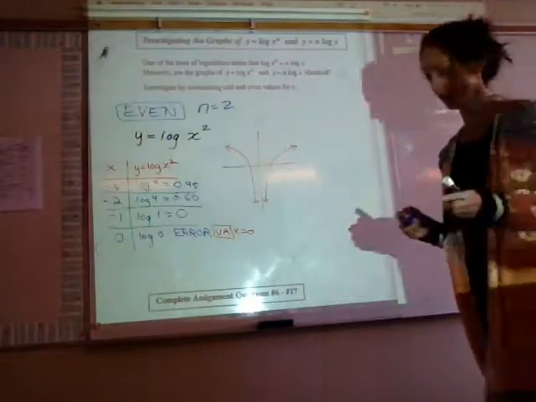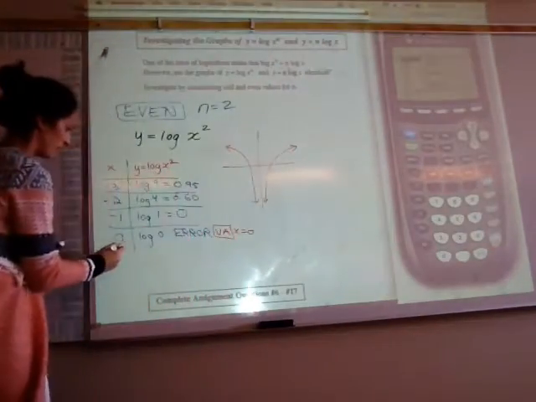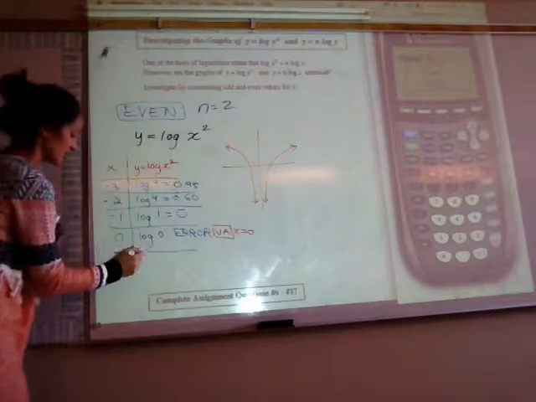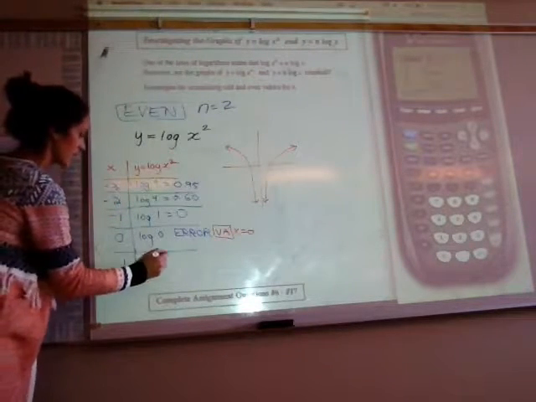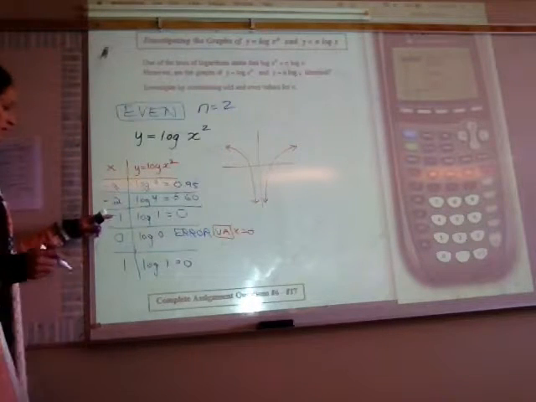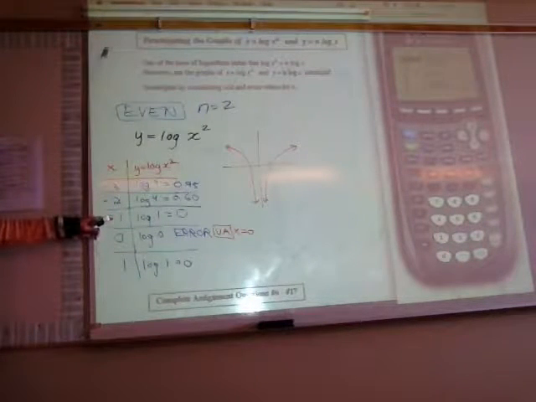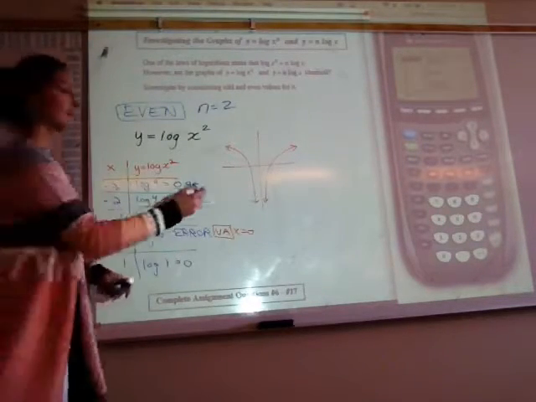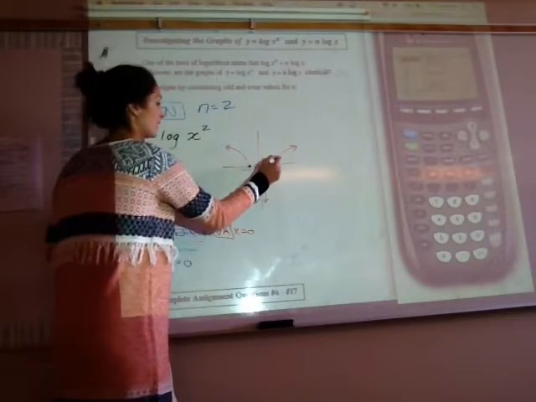Okay, let's carry on. When we sub in x is 1, we get y equals log 1 squared, which is just log 1. Have we already calculated that? Yeah, it's equal to 0. So when x is negative 1 and x is positive 1, our y value is 0. These are our x-intercepts.